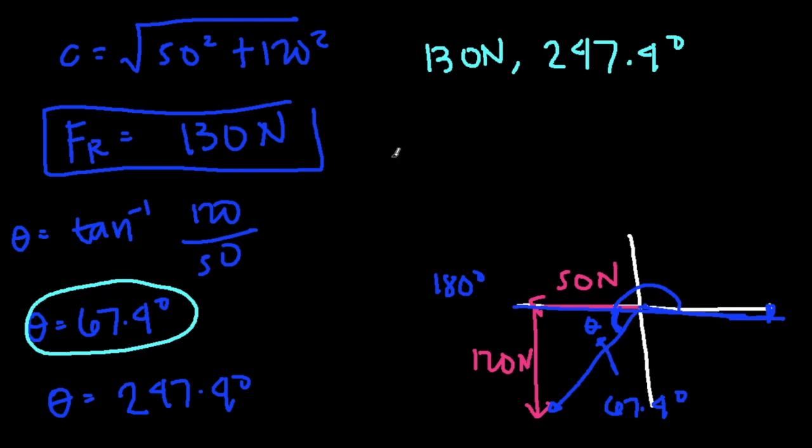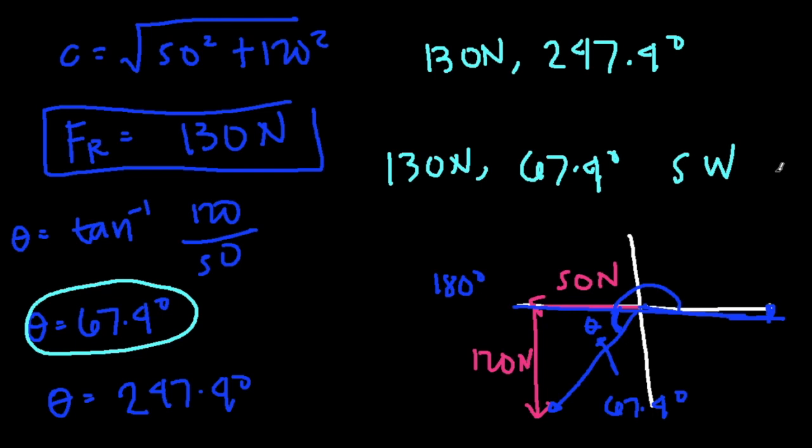So you can use 130 newtons, 67.4 degrees, but you should indicate where your reference angle is, and it's at the third quadrant, so that makes it south of west. All right? Perfect.